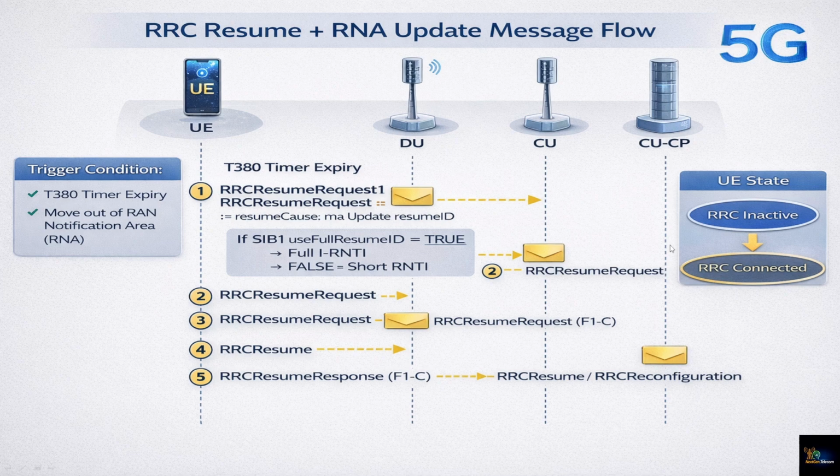Here is the RRC resume plus RNA update message flow. First we can see the timer expires and the UE moves out of the RAN notification area. When the UE has to send resume request 1 or resume request, for the resume cause, if SIB1 has use full resume ID set to true, then the UE will use RRC resume request 1.